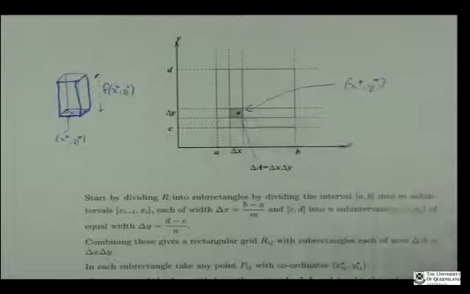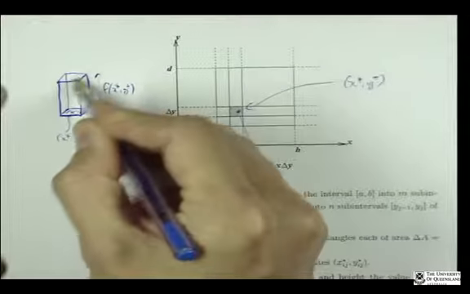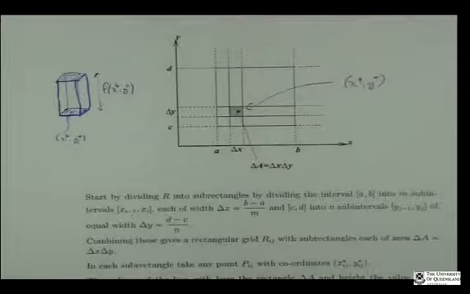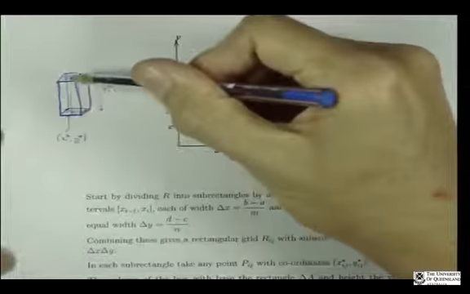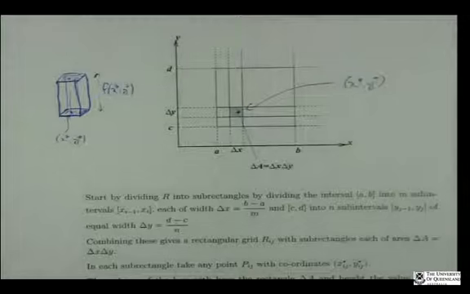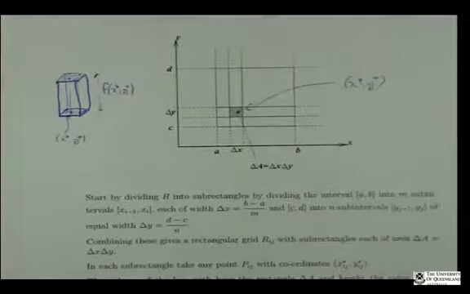Now I say approximately because when we work out the height of this box, we're assuming that at the top of the box it's flat. But actually, we don't have that. What we're interested in doing is calculating the volume below some surface, which could be curved, it could have some curvature. It's not necessarily going to be flat. So hence, this is just an approximation to the volume below that surface and above this small rectangle in the xy plane.